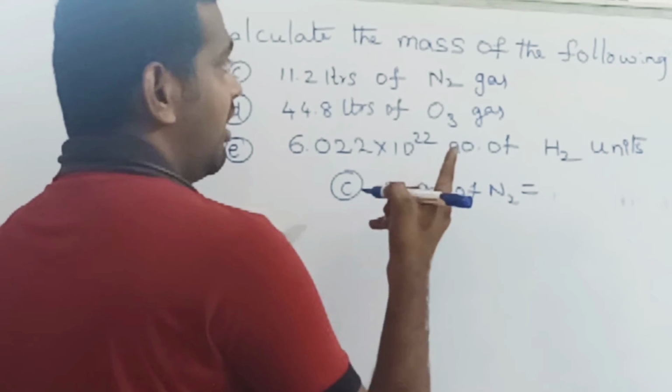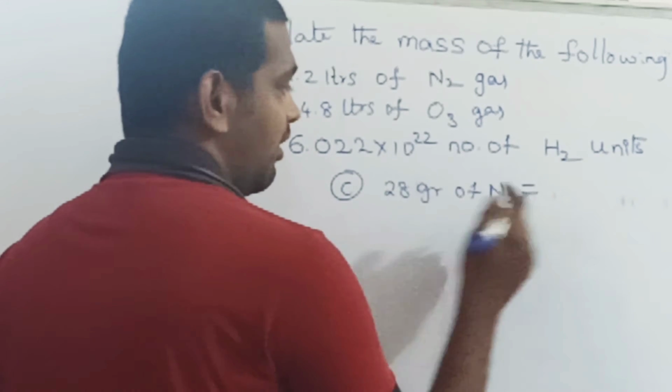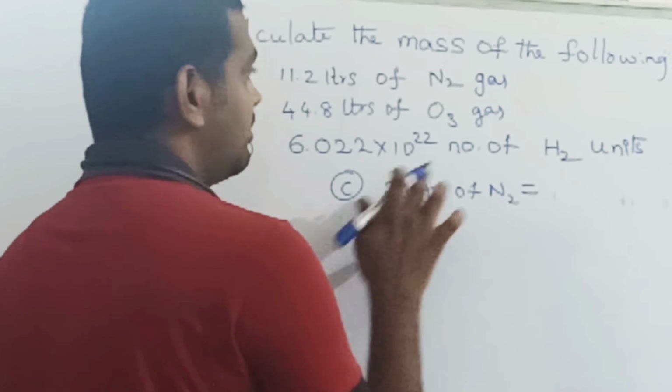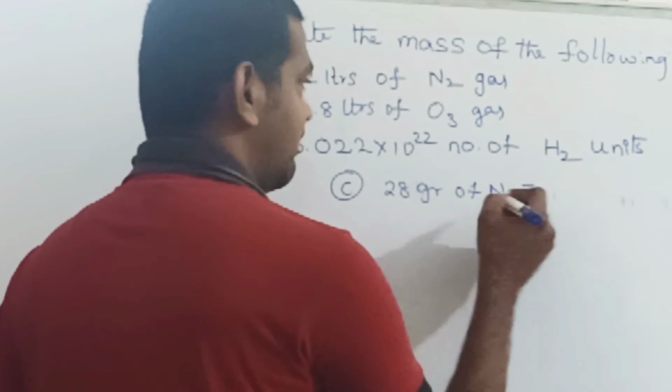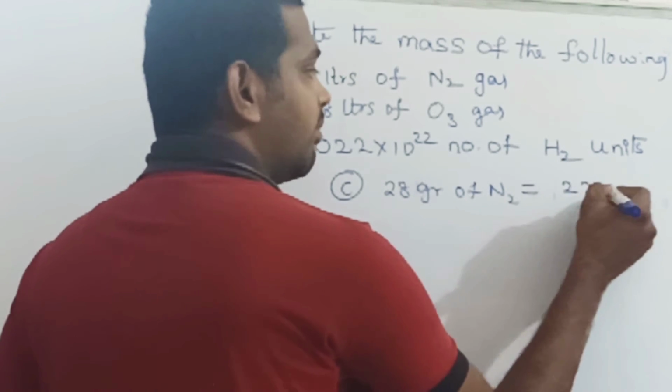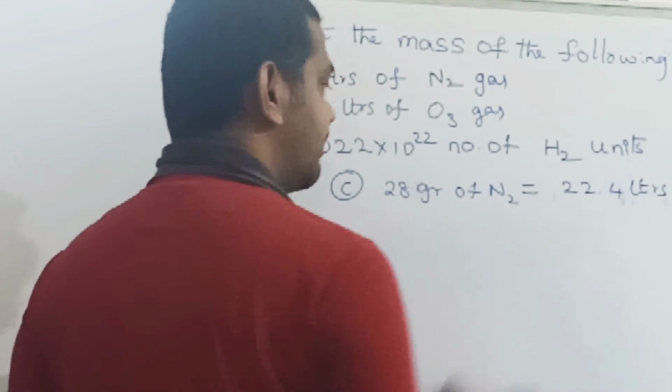So 1 gram molecular mass is how many grams? 28 grams. So 28 grams of nitrogen occupies 22.4 liters.